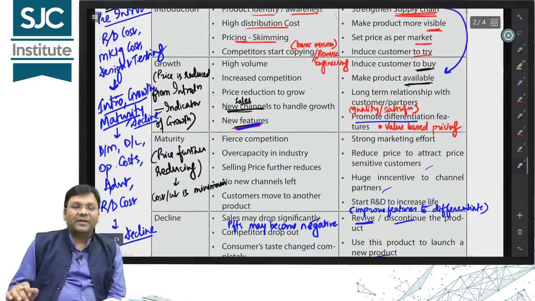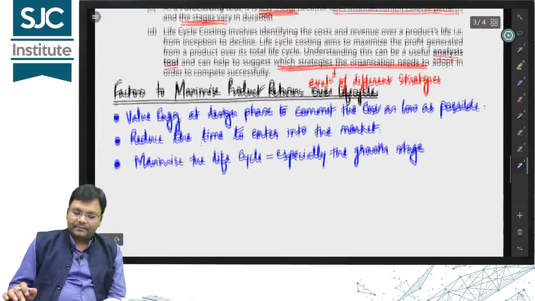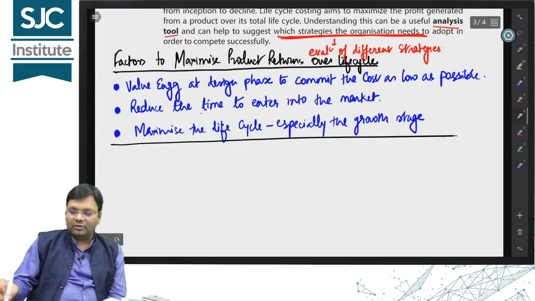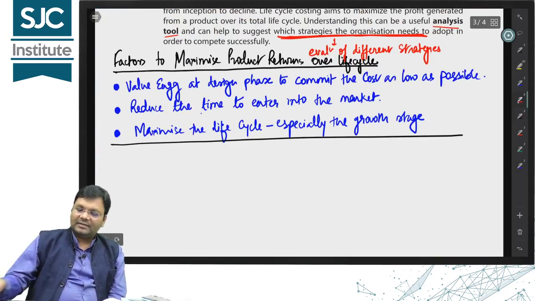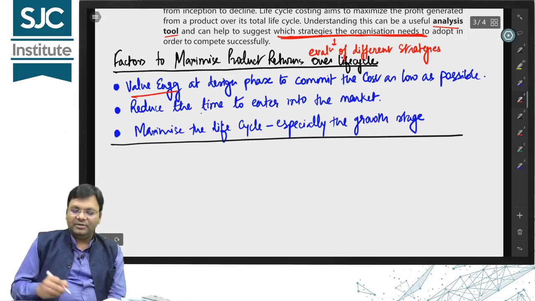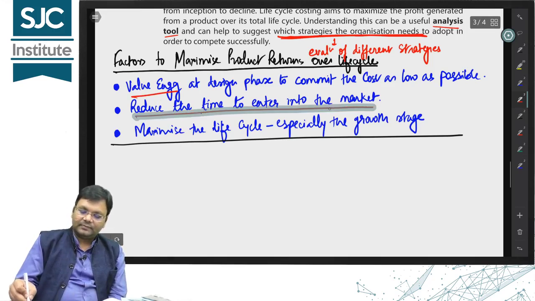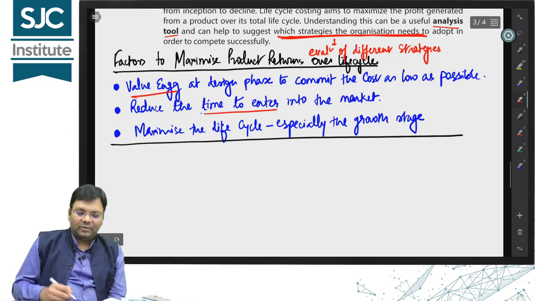So for everything you will need supply chain, right? So that will help you to increase the growth phase. So there are some key points. One is value engineering, second is reduce the time to enter into the market, and third is maximize growth phase.